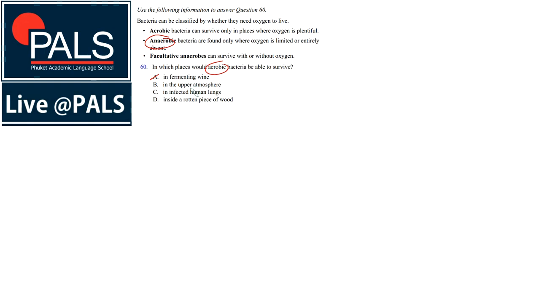In the upper atmosphere, there's oxygen, but there's not much else in terms of food, so I guess we can exclude B. Inside a rotten piece of wood, rotten usually indicates anaerobic conditions, so probably not D. In infected human lungs, this is where oxygen is continuously supplied, so that's probably where aerobic bacteria would be able to survive.